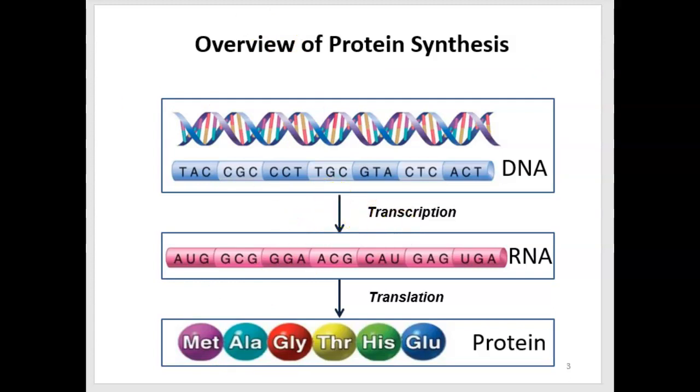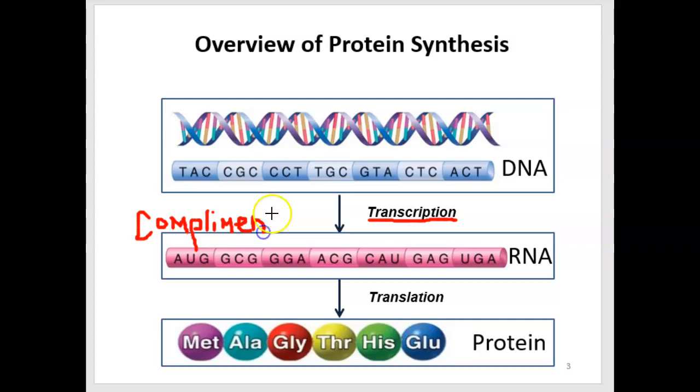The process that takes place in order to make a copy is called transcription. So transcription takes place in the nucleus, and a copy of the DNA is made, but the copy is complementary. So the RNA copy is not exactly identical, but is complementary to the original gene sequence.